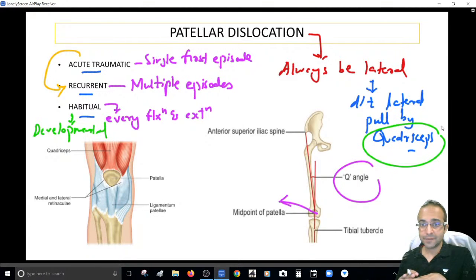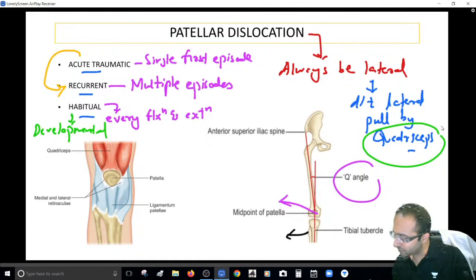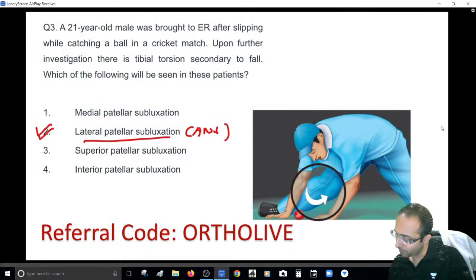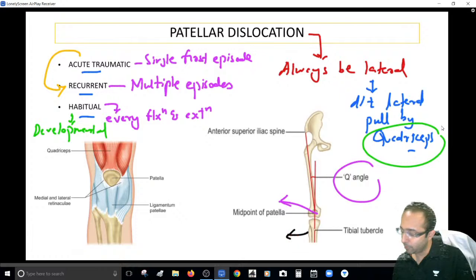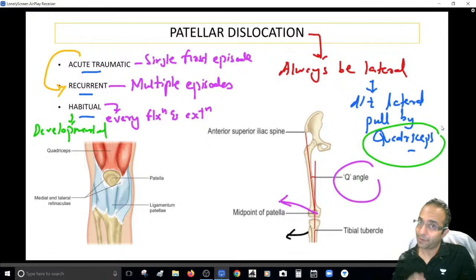Clear enough? So you get a torsion at the tibia, like the tibia twists externally. Like if you see here, the tibia is twisting externally. This will rotate the tibial tuberosity outwards. And now if the quadriceps contracts, more of lateral pull might dislocate the patella laterally.